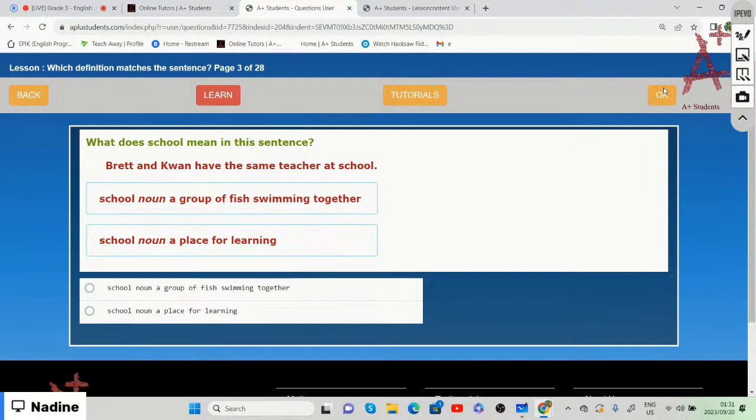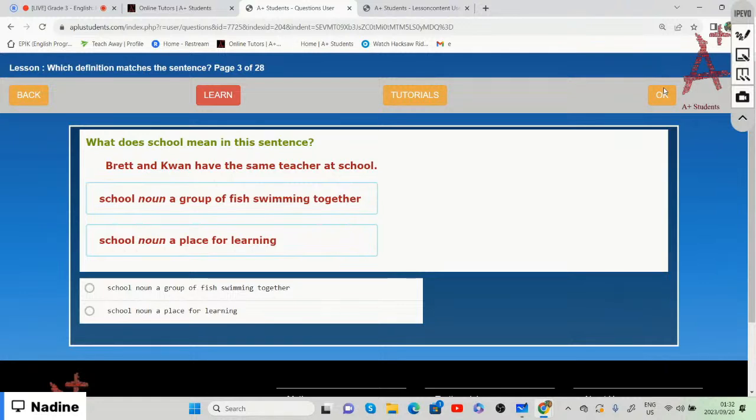What does school mean in the sentence? So school. What does school mean within the sentence? Brett and Kwan have the same teacher at school. Is it school, meaning it's a noun, which is a group of fish swimming together? Or is it school, which is a place for learning?